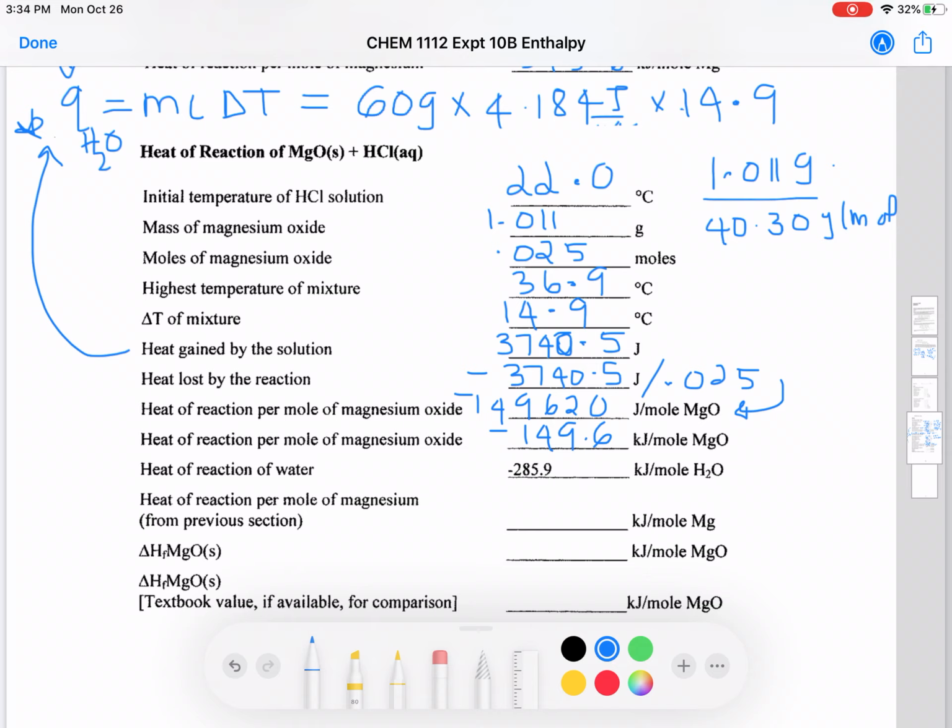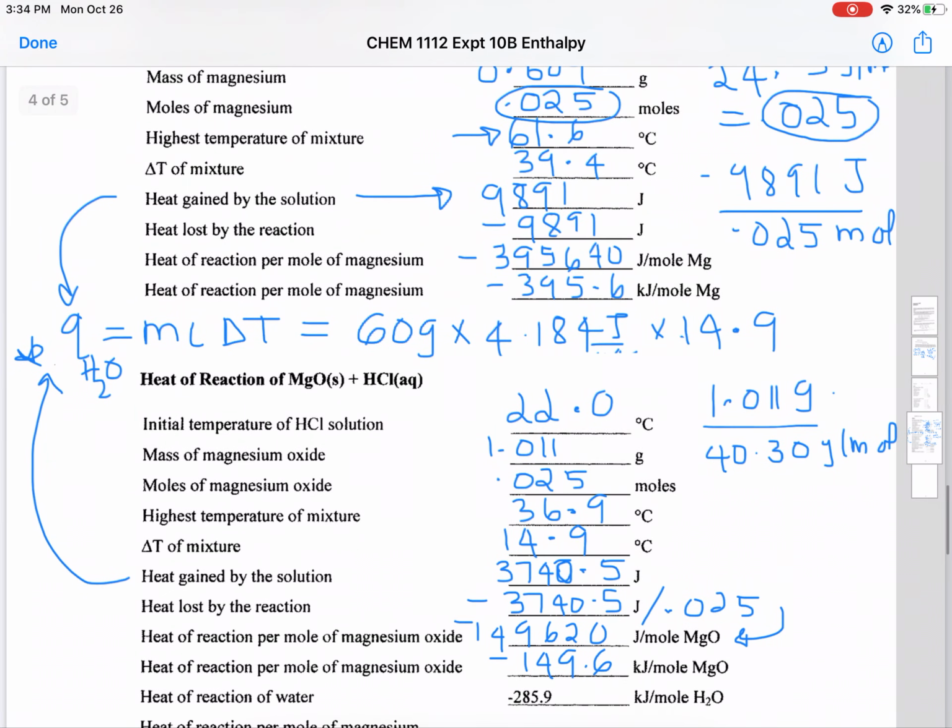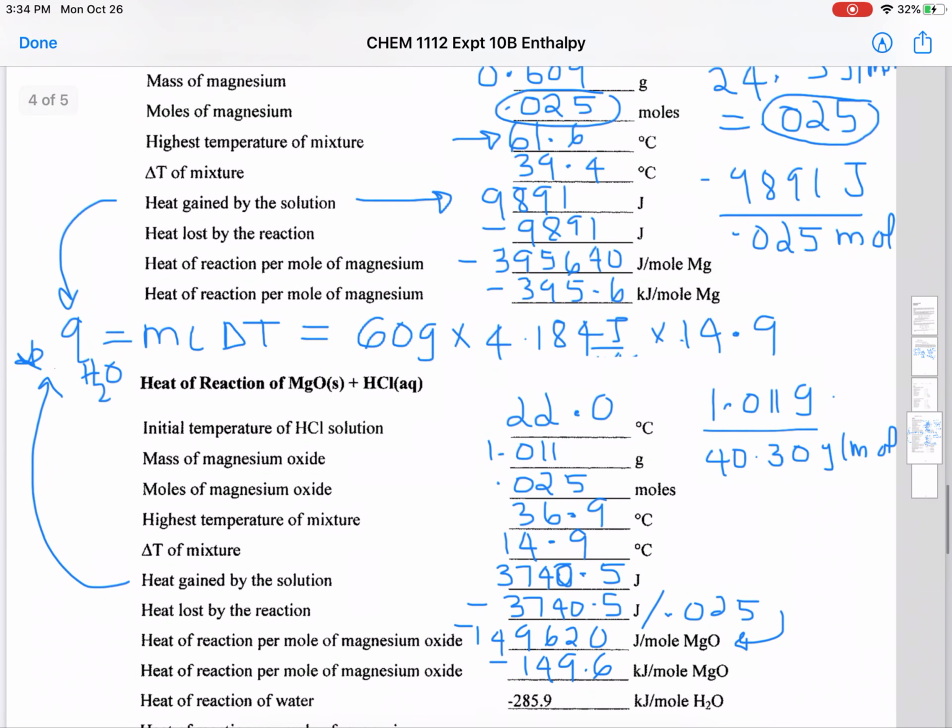And then the heat of reaction of water is given to us, negative 285.9. And then the heat of reaction per mole of magnesium from the previous reaction that we calculated, that amount is negative 395.6.